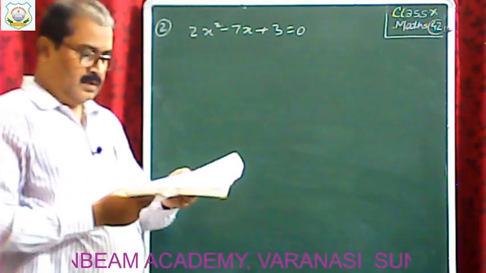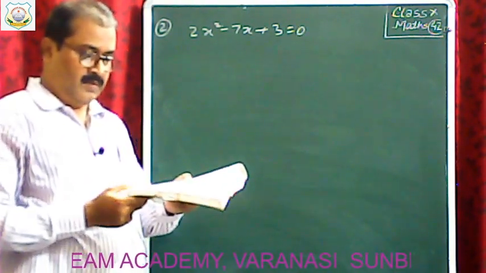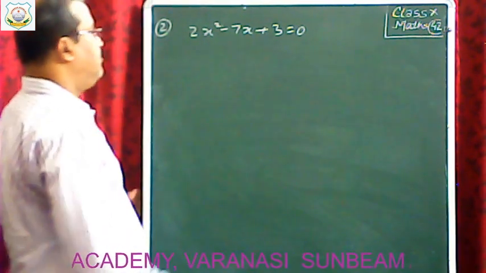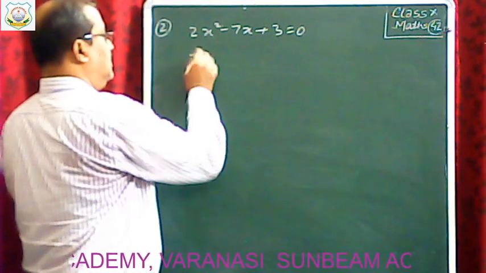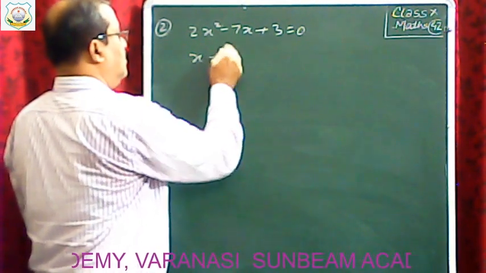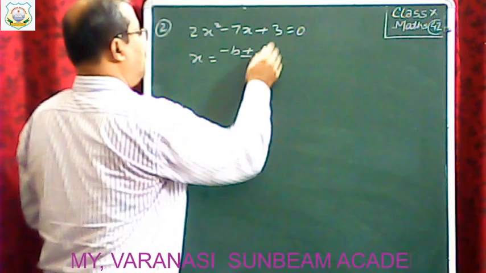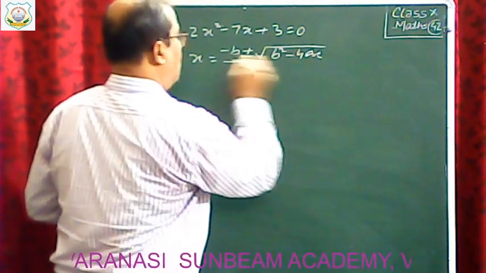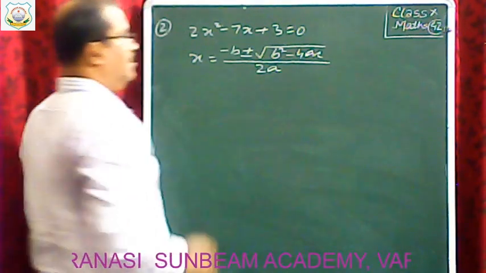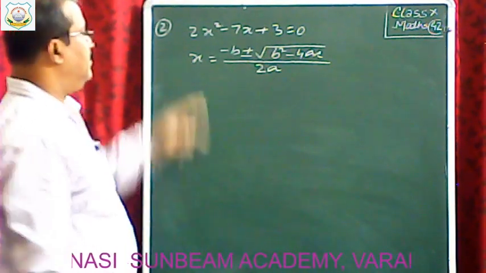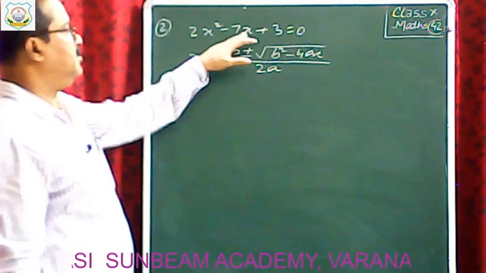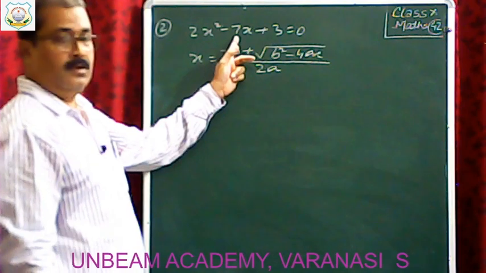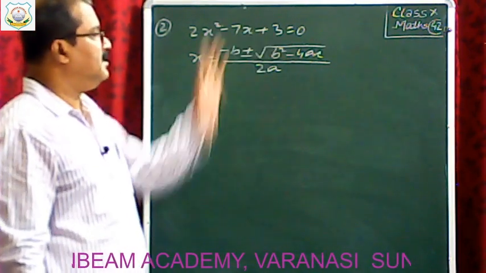Quadratic formula you have to write first: x equal to minus b plus minus square root b square minus 4ac, whole upon 2a. A means coefficient of x square, b means coefficient of x, c is constant term. So a is 2, b equal to minus 7, c is 3.